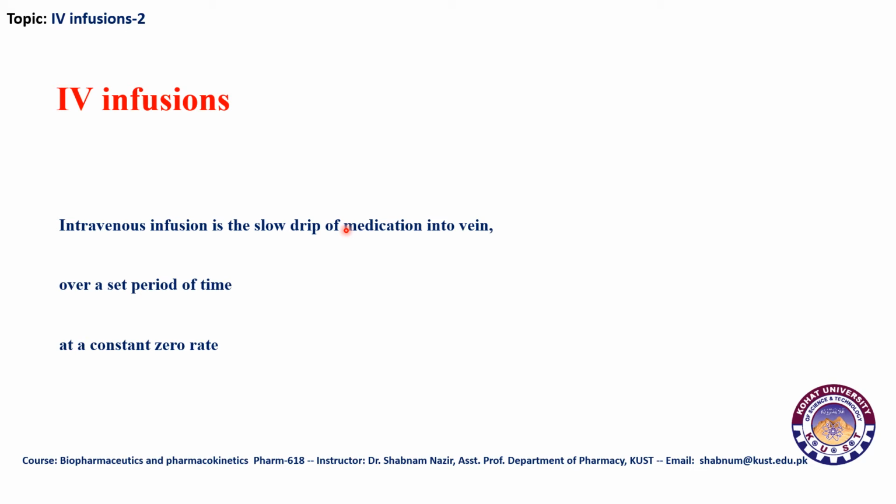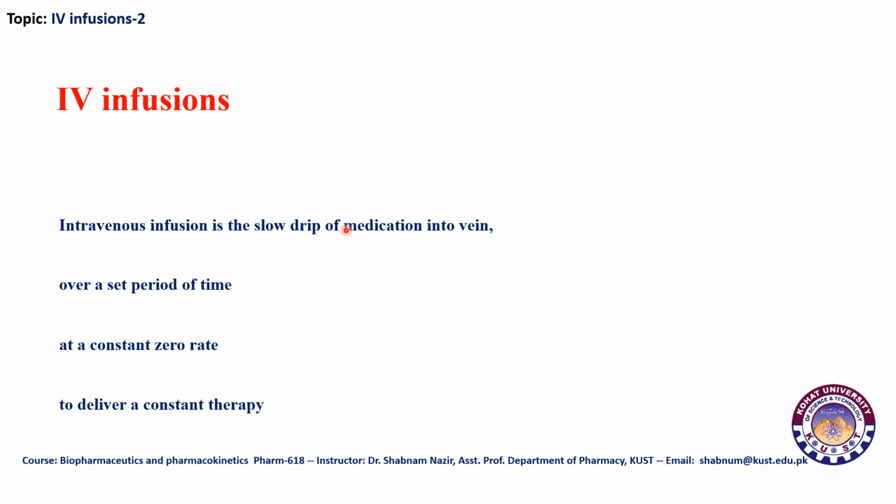So this kind of kinetics is called zero order kinetics, which is independent of how much amount or concentration of the drug is present there, and to deliver a constant therapy.